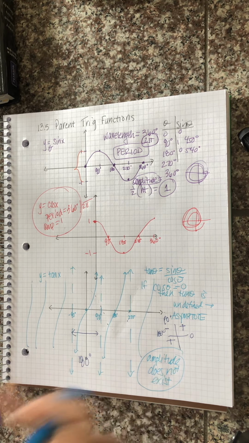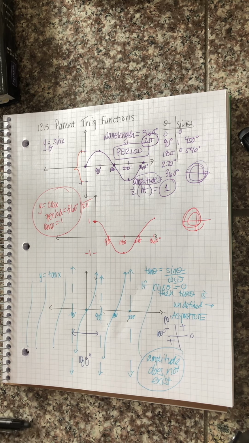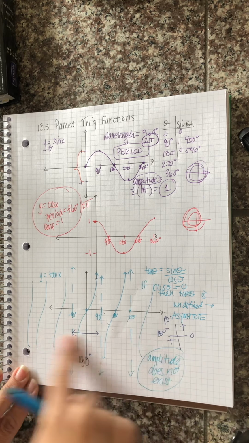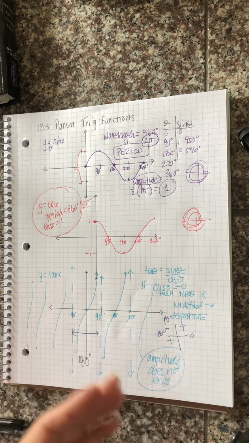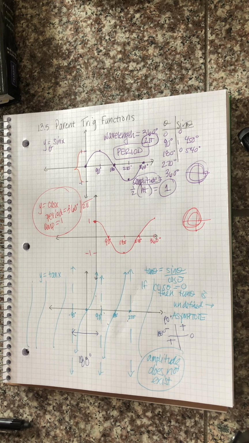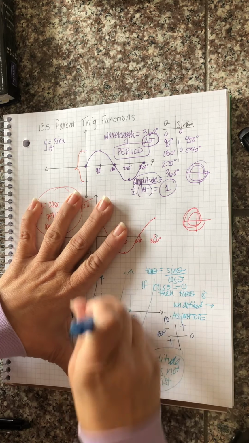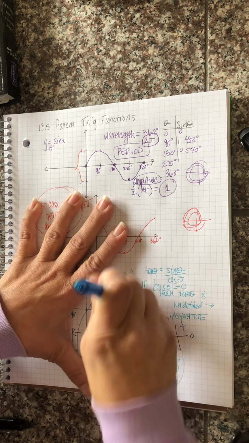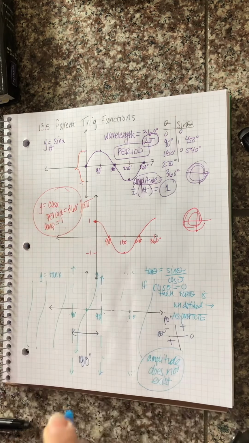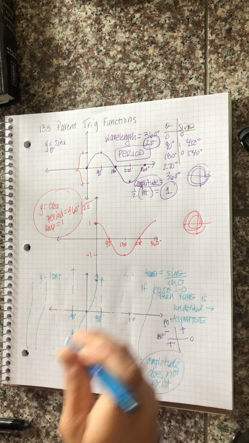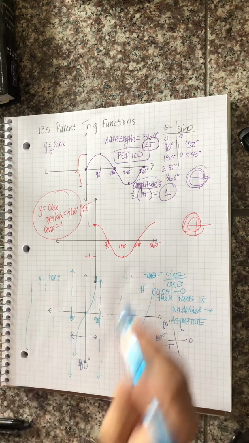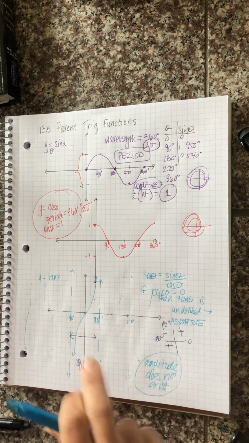So overall, in the big picture, the parent tangent curve, because this is too many. I only want one wave. It repeats, repeats, repeats. The parent function of the tangent curve is, okay, pretend I'm erasing all that.